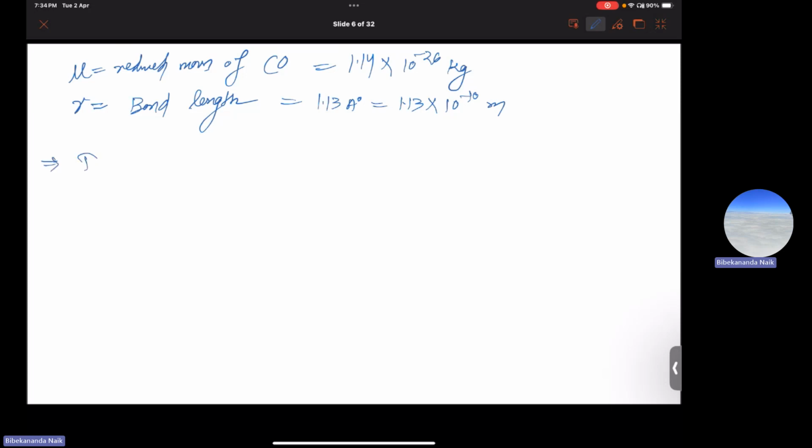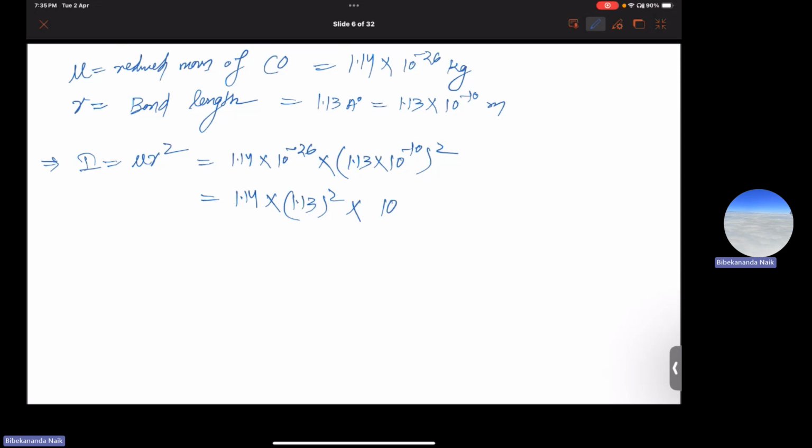So the moment of inertia I is nothing but mu r square, which is given as 1.14 into 10 to the power minus 26 into 1.13 into 10 to the power minus 10, squared. So it is 1.14 into 1.13 square into 10 to the power minus 26 minus 20, that is minus 46, kg meter square.